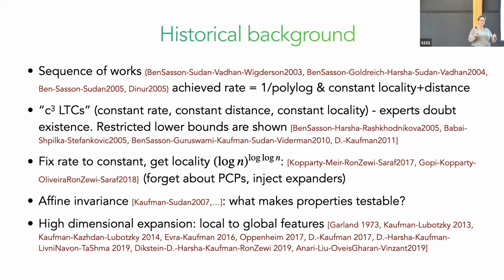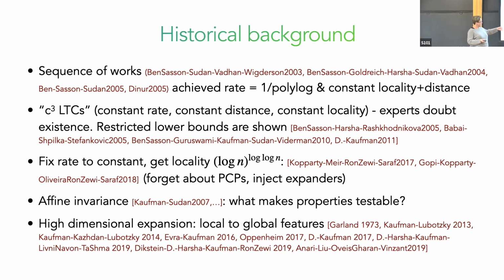You're not going to engineer the property to make it testable. It's given to you and you need to see what's the best you can do. Whereas here in codes, you get to engineer the code and then try to prove whether it's locally testable or not.